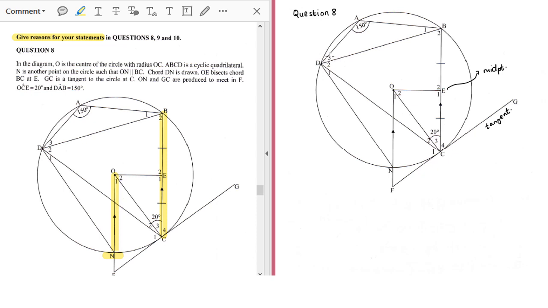Where is that? Angle DAB. So that's already indicated for us in the diagram. Let's just quickly highlight for ourselves that cyclic quad.